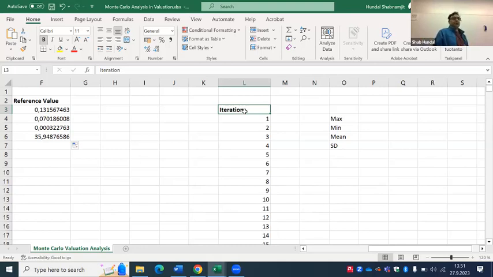If the normal distribution was a discrete distribution, then the bell curve shape would have been like this. And you could have counted 1 value, 2 value, 3 value, 4, 5, 6, 7, and 8. And you could have said that there are only 8 values here. 8 is a discrete number.